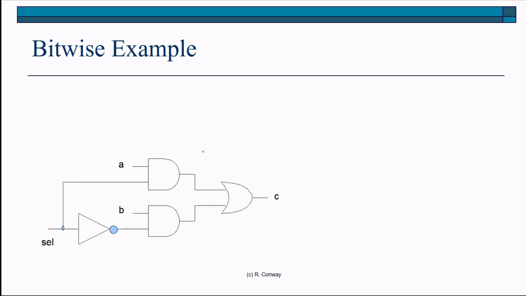If we want to model this logic, we can do so as follows. Here we're ANDing A with select. Here we're ANDing B with the inverse of select.